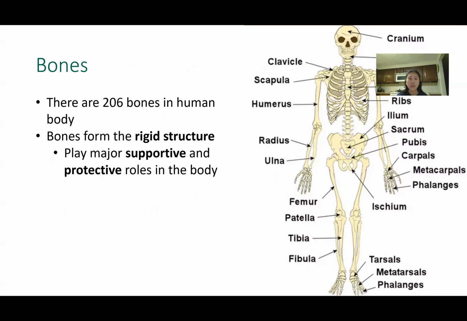So let's look at the bone structure of the human body. That's the skeletal part of the human body. There are 206 bones in the human body. The bones form the rigid structure of the human body, and they play major supportive and protective roles. You don't have to remember all of the bones shown on the right, labeling the major bones in the human body.